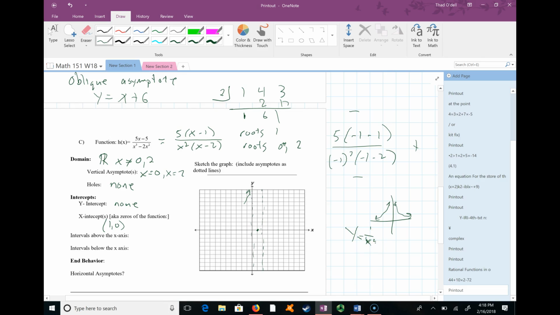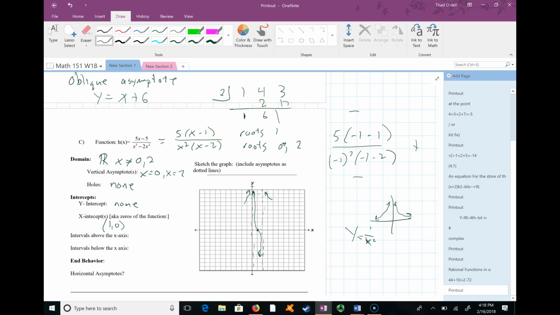Okay, so that means we're also going up here, which means it's going to go down here and cross and keep going like that. Because it has a cross there, because it has a single multiplicity, which means we're also going to be up on this side, because this asymptote has a single multiplicity.